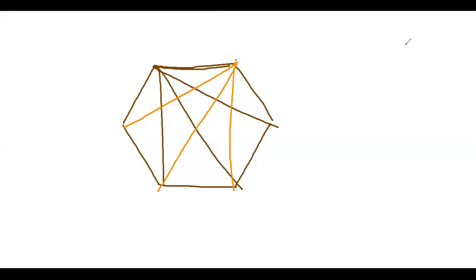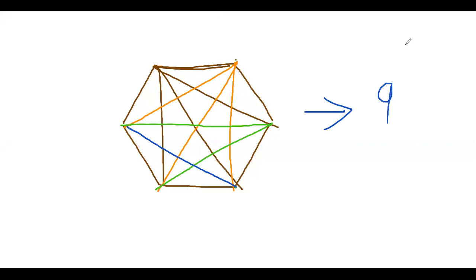Then 7, 8, and let's take this point now. One is left here. See this one, 9. So how many diagonals are here? 9 diagonals are here, right? We joined all the vertices except the sides. Sides are already joined, so apart from the sides, we join all the vertices with each other. Those are called diagonals. And how many diagonals are in the hexagon? It's 9 diagonals, right?